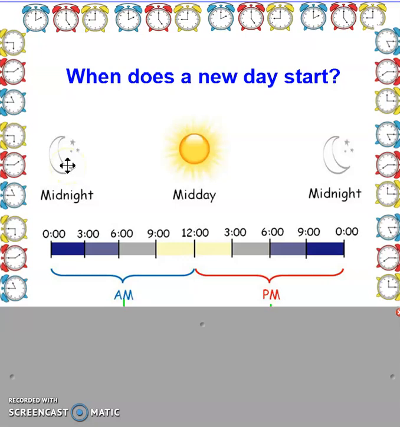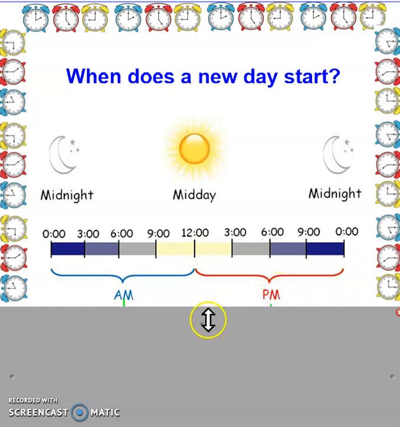In telling the time, we use AM for morning. From midnight up to midday, that's AM. And we use PM for afternoon. That means from midday to the night again, we use PM.